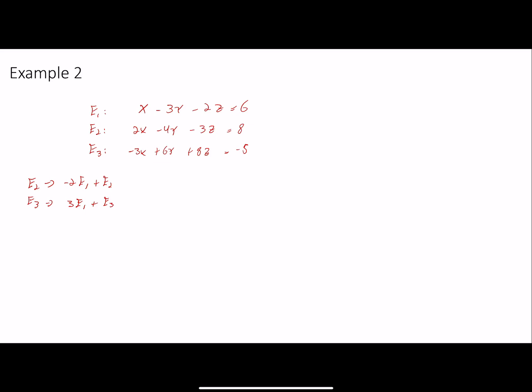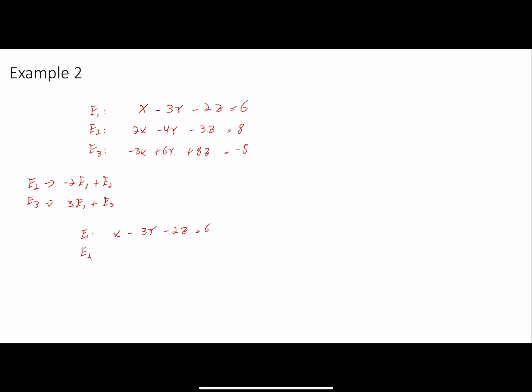So if you follow the same procedure that we just did in the previous example, and you substitute, now you will have a new system, which we'll call, again, equation 1 remains the same, right? So we'll have x minus 3y minus 2z equals 6.